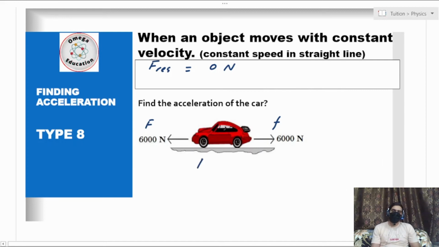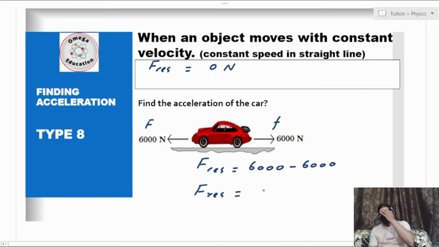Now what is the resultant force in that case? It would be 6,000 minus 6,000, because both the forces are in opposite directions, and forces being vectors, opposite directions mean subtraction, and the resultant force is 0.